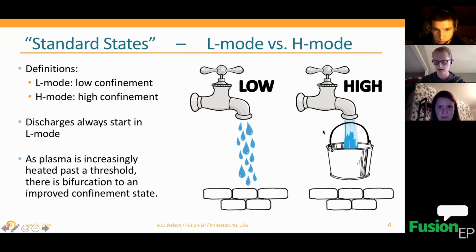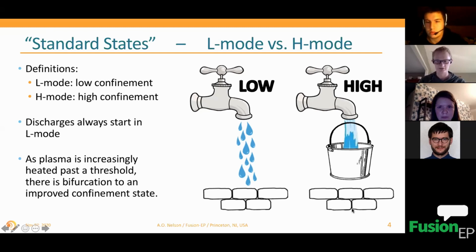When we go into high mode or H-mode, we introduce some bifurcation to the system. And this is the bifurcation I'll be talking about. I've depicted it here as a bucket. But basically, it's just a transport barrier. So just like the bucket stops the water from flowing down, the transport barrier is going to stop the plasma temporarily from flowing out from the core plasma to the machine walls.